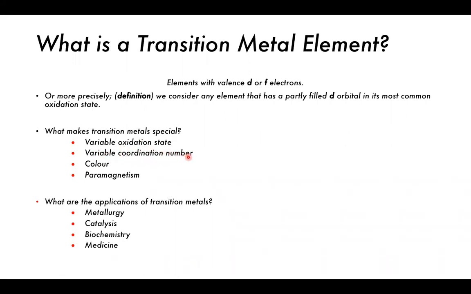They have variable coordination numbers. As we saw in our treatment of VSEPR theory and trying to understand the compounds of the P block, most elements typically adopt a certain geometry for their compounds. In transition metals, that's again not necessarily locked in.